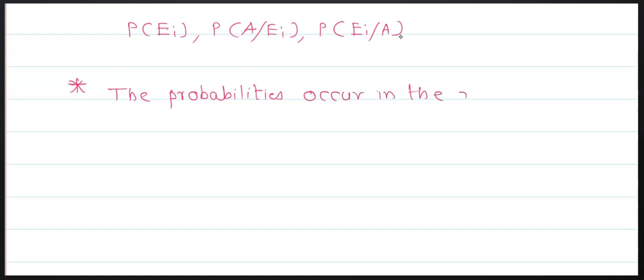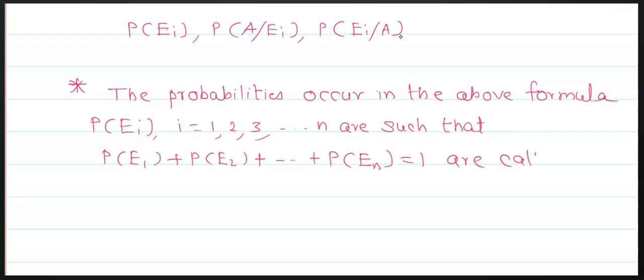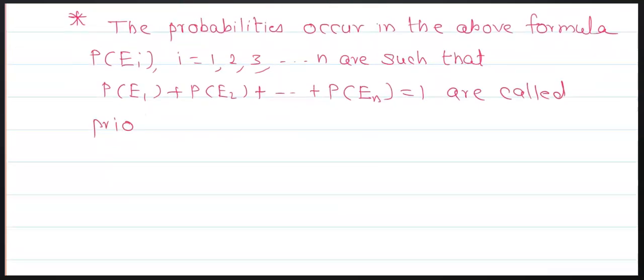The probabilities of Ei, where i equals 1 to n, are such that probability of E1 plus probability of E2 plus up to probability of En is equal to 1, because the events are mutually exclusive.